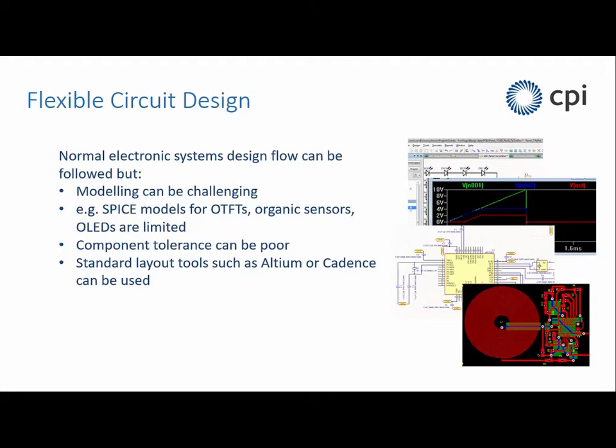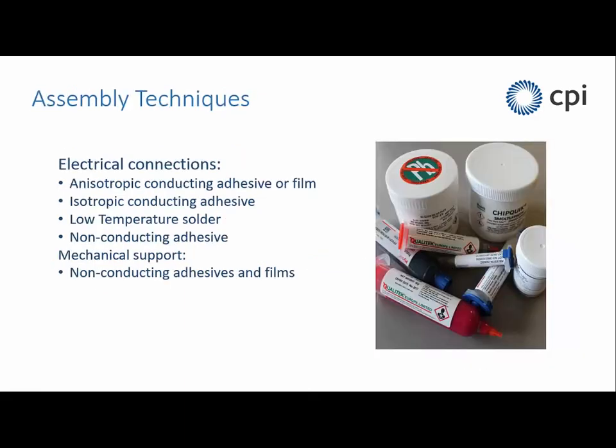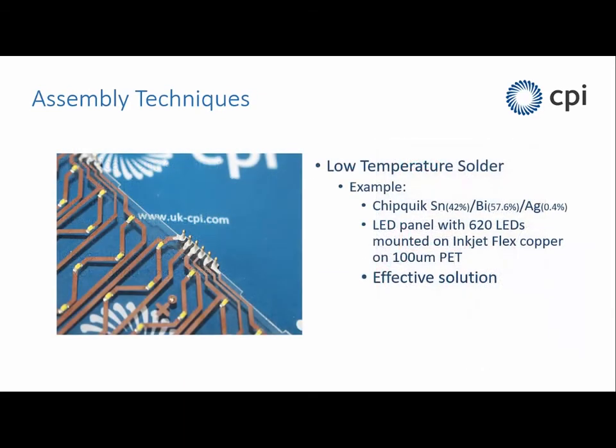Getting good SPICE models that tell us how an OTFT will operate is quite challenging. And the range of process parameters, the corners, if you like, of your process are really broad when you're printing. It's much less controlled than conventional silicon processing, for example. And so it means your models have to be much more tolerant to parametric shift. But the tools are the same and can be the same tool set that you would use for a conventional PCB design. I jumped ahead, sorry.